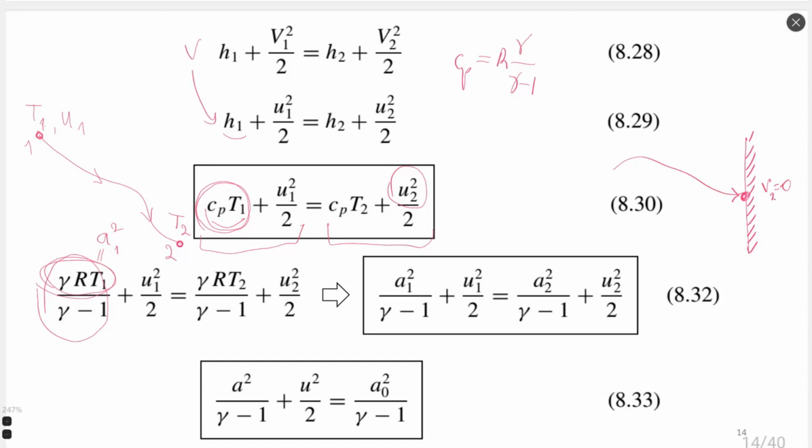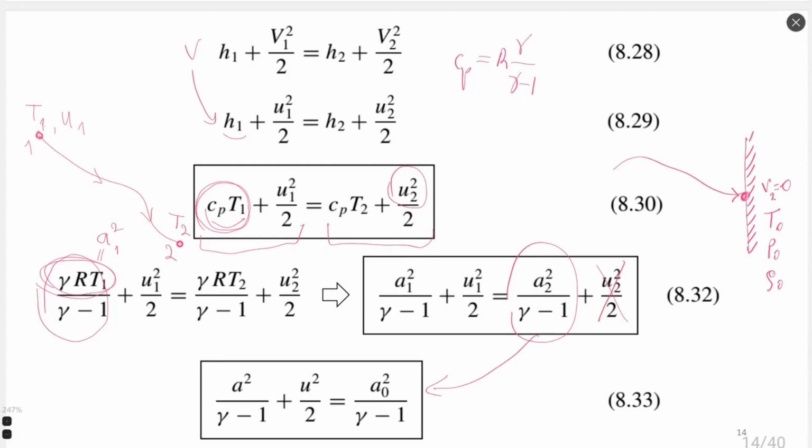When velocity is equal to 0, it means that my final part of equation 32 will not exist anymore, and all my thermodynamic flow properties become stagnation properties. T0, P0, rho 0 are maximum values. And because of this, our speed of sound starts to be stagnation speed of sound.